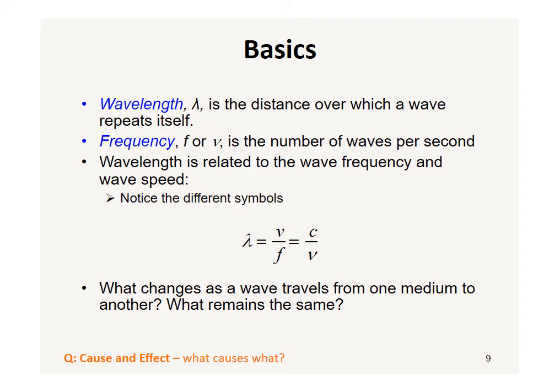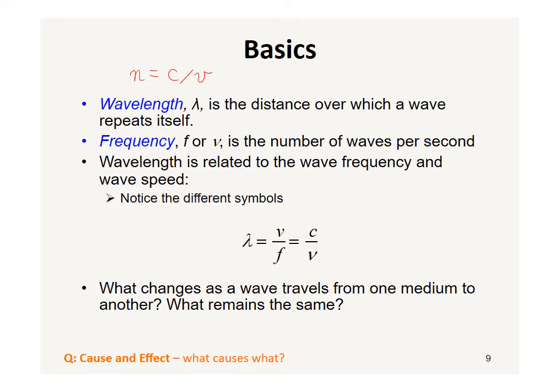For light, our reference speed is c, the speed of light in vacuum, divided by the speed of light in whichever medium we're interested in.